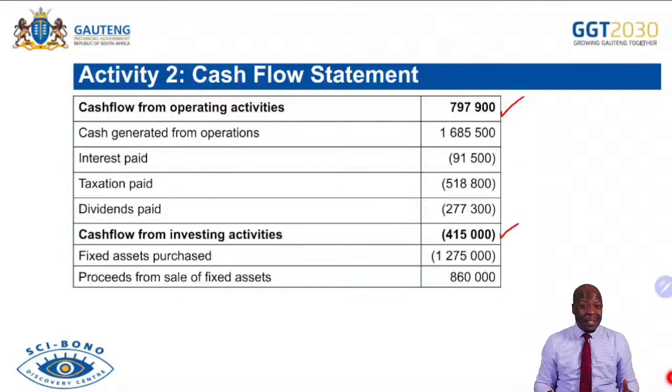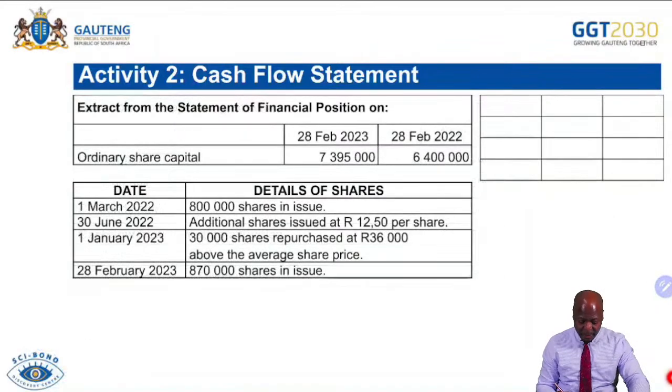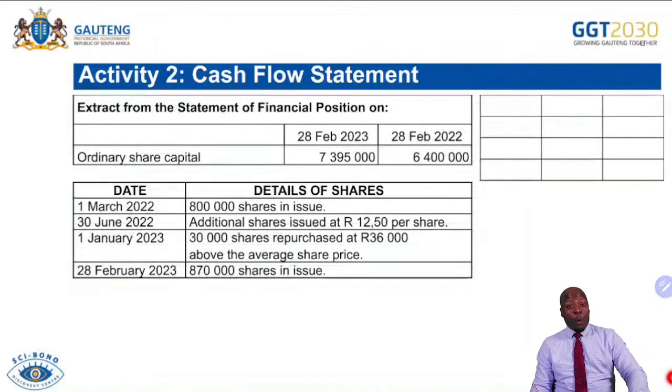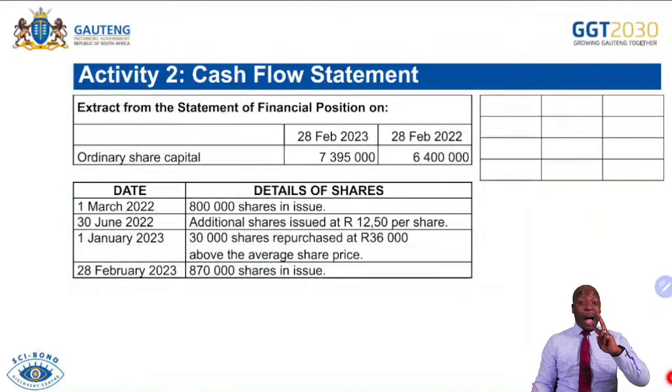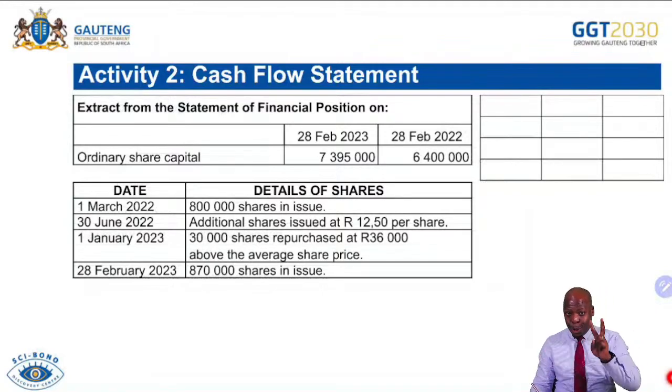What's next? Definitely, it is cash flow or cash effects from financing activities. Let's come and see what we find on the financing activities. Remember, when we look at financing, there's two main aspects. Just like when we looked at investing, there's two main aspects. It is your fixed assets and your financial assets, fixed deposit. Two aspects.